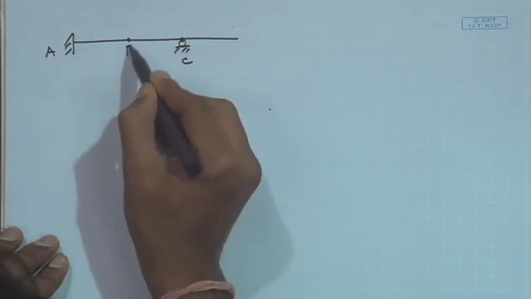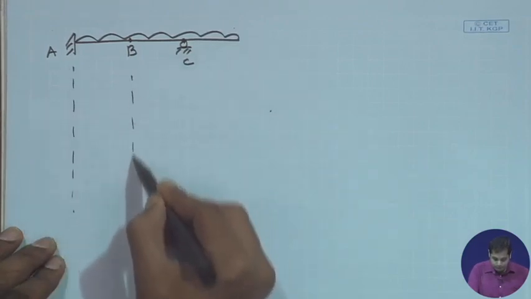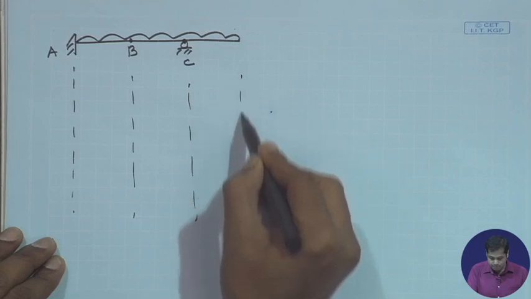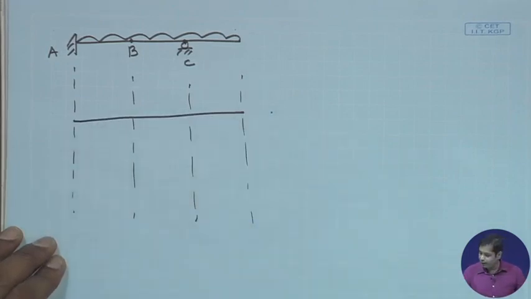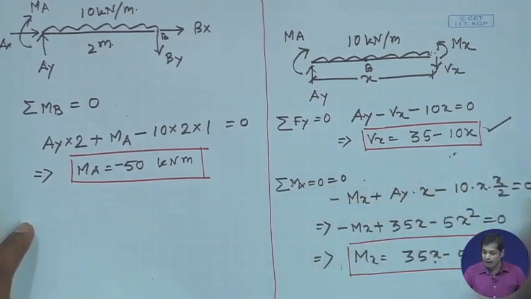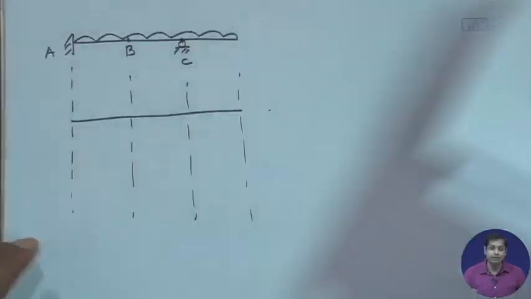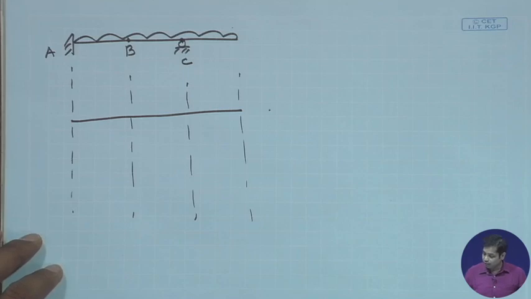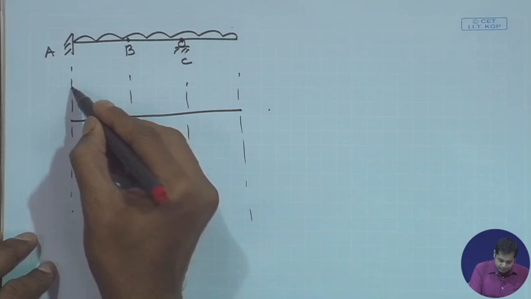A, C, B. First draw the shear force diagram. Now between A to C, shear force distribution was this, and between C to D, shear force distribution was this. Now your bending moment and shear force diagram will be, you can verify this.